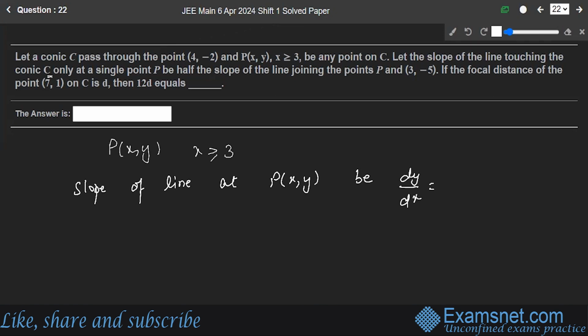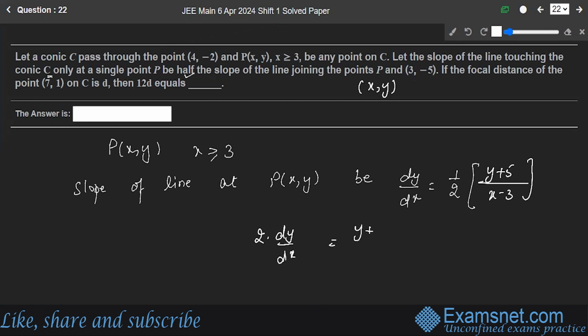That is the slope of this line will be equal to half of, because in the question it is given that this is half of slope of the line joining these 2 points. What is the slope of the line joining these 2 points? This is P was having the coordinates x and y. So this will be given by y plus 5 upon x minus 3. This gives me 2 into dy by dx is equal to this, right?